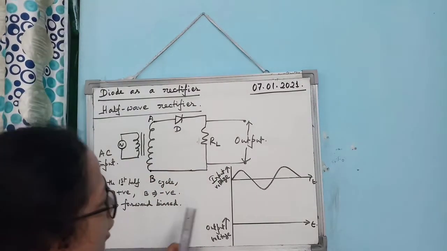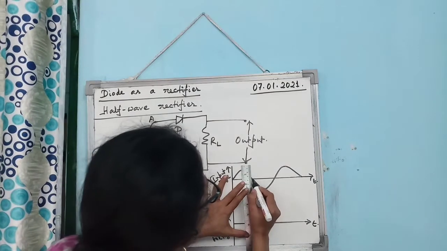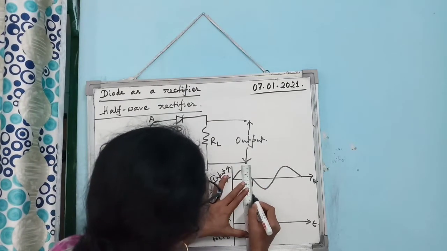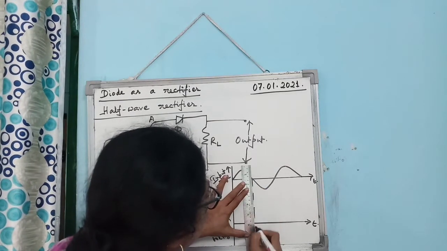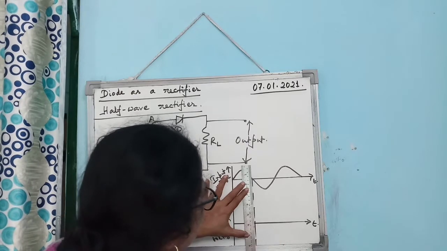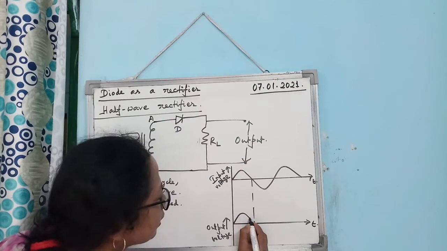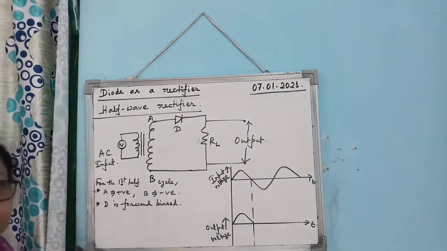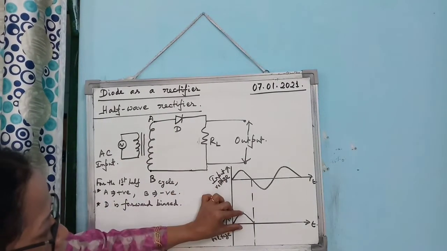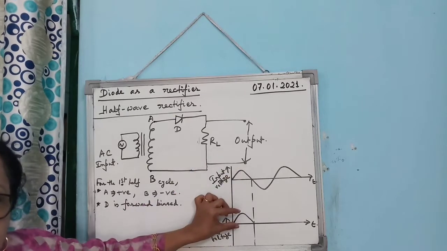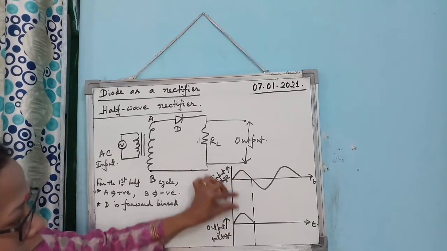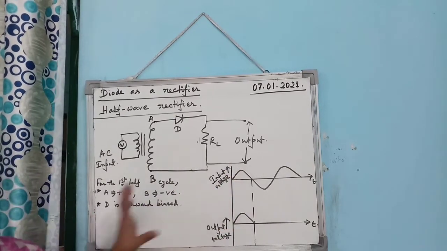So you see how to plot the output. You will get the output exactly in the same way. Remember, the height of this input and output voltage should be made the same.